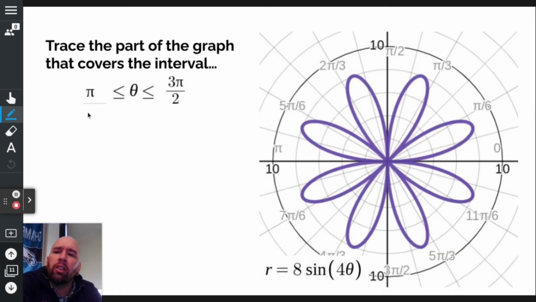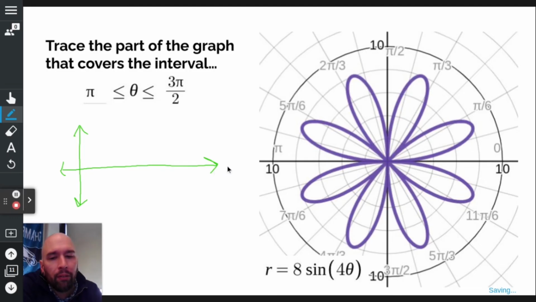I care about tracing the part between pi and 3 pi over 2. So I'm going to approach this a little differently. I'm going to graph this guy out. Now, what having the 4 in front of it means is my period is going to be 2 pi over 4, which means my period is half a pi.